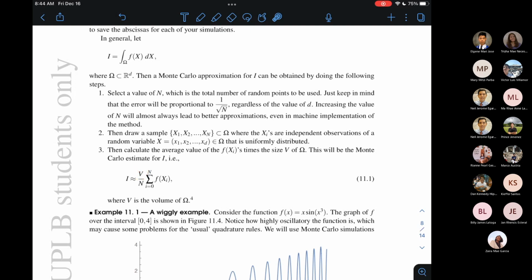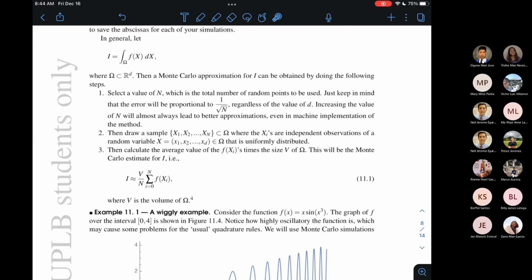So we're just taking the average size of the d plus 1 dimensional surface that is bounded by omega as a bed, and the function value as the height. So yun yung binibigay sa atin ng 11.1.